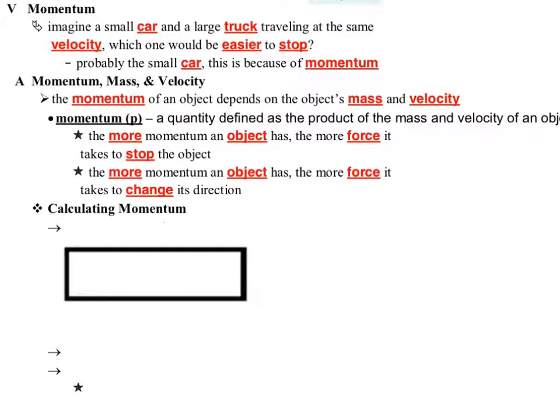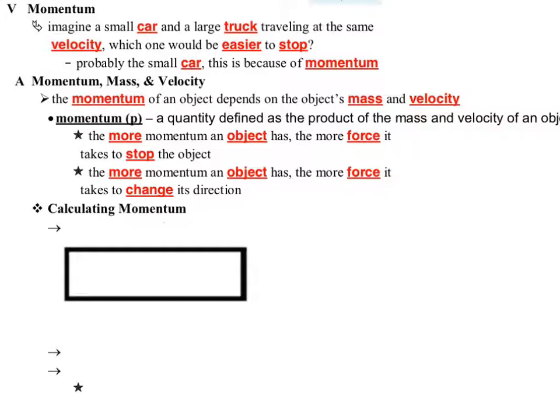Likewise, the more momentum an object has, the more force it would take to change the direction of that moving object. So momentum deals with changing the direction of moving objects or stopping moving objects. How much force does it take to do that? And most of the time in practical applications with momentum, we talk about collisions, moving objects colliding with each other.